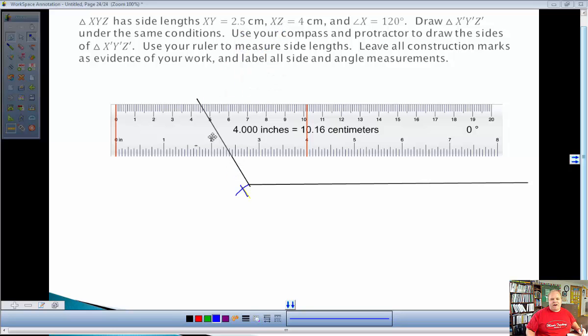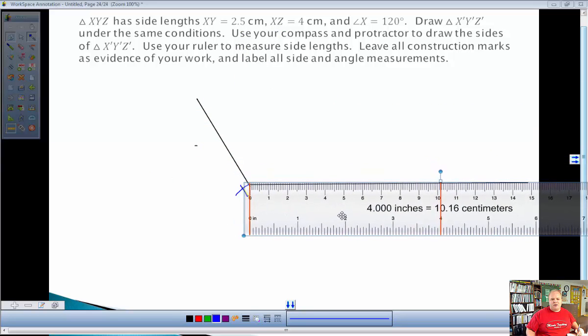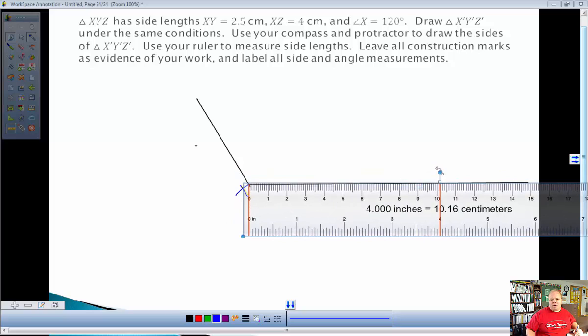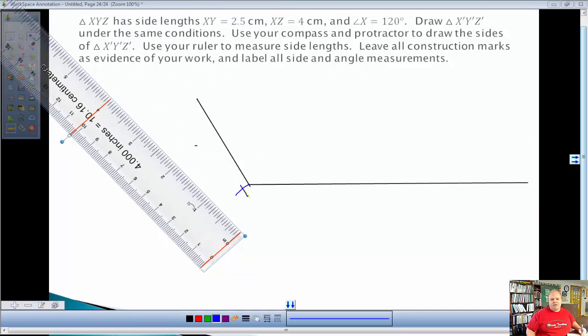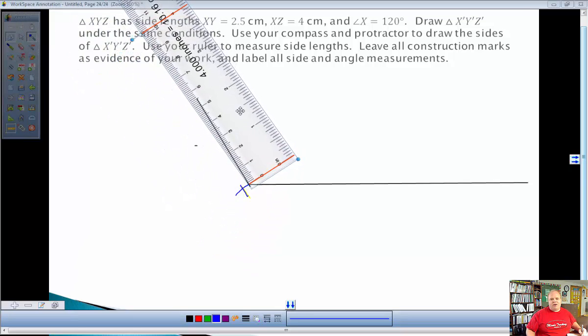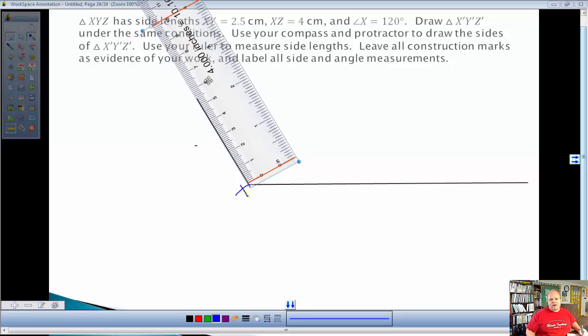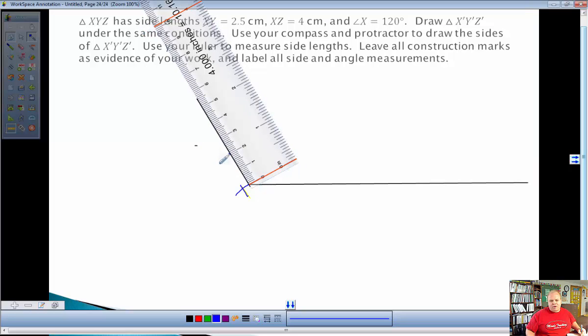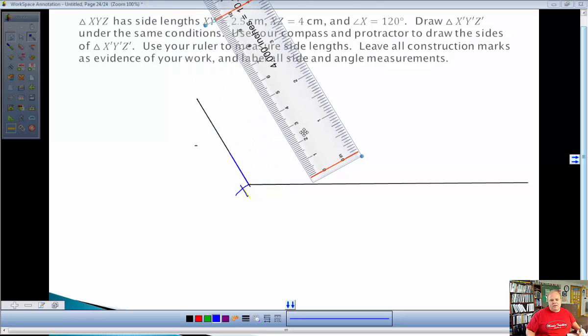XY is 2.5 centimeters. So I'm going to put my ruler here, bring it all the way around, because I want to measure just 2.5 centimeters. And I'm going to draw a line at 2.5 centimeters. Alright, so there's my line at 2.5 centimeters.